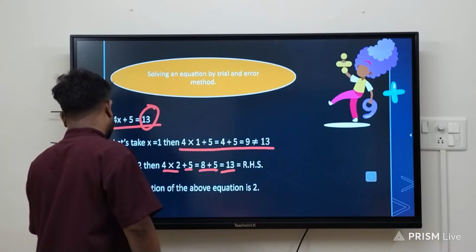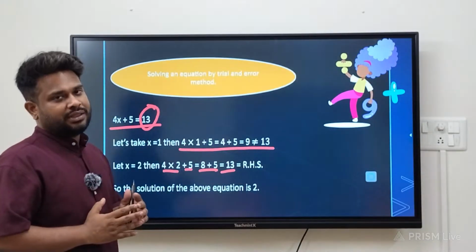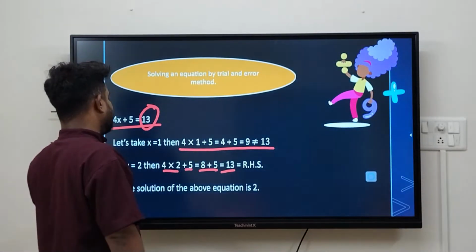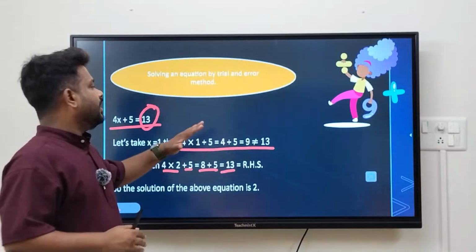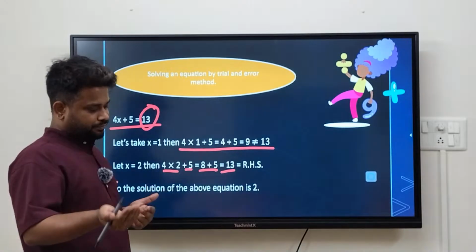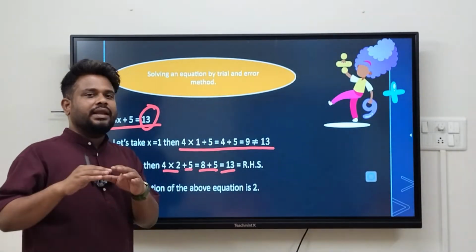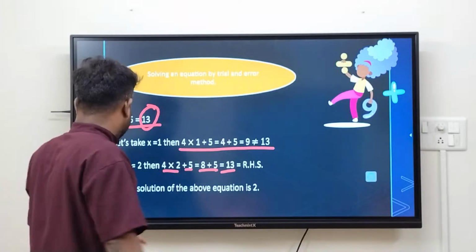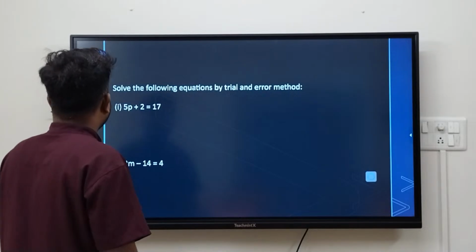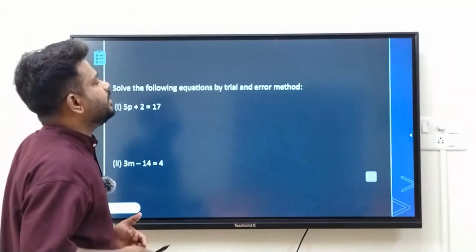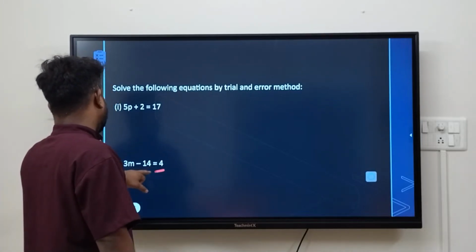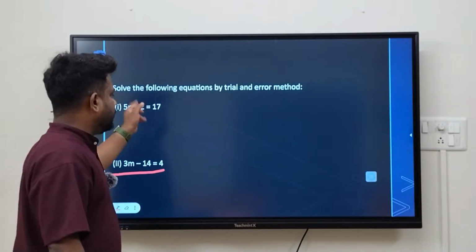This is a method, but we won't use it in our exams or in our daily life, because we have other easy methods to find the answers, rather than doing it in a laborious way. We will also see different methods again. So before going to the different methods, let's try this one by yourself. You can try this one by yourself, and I am doing this one.